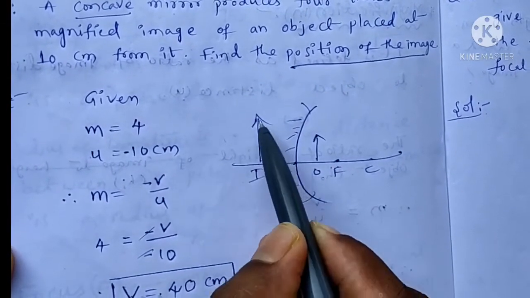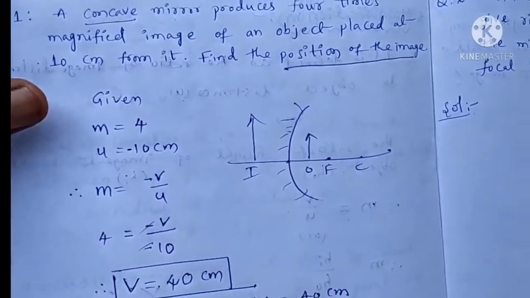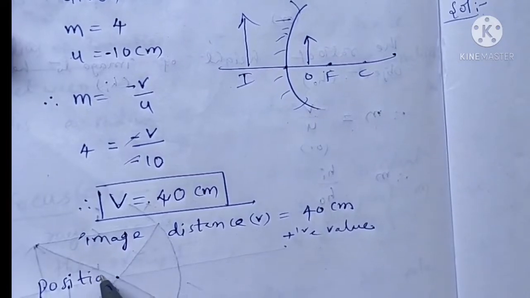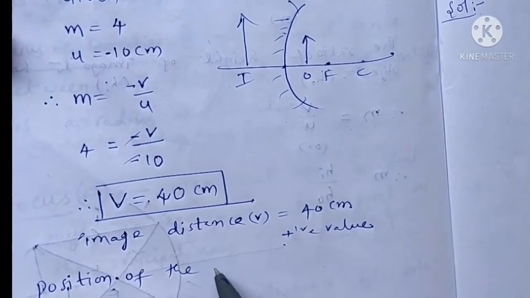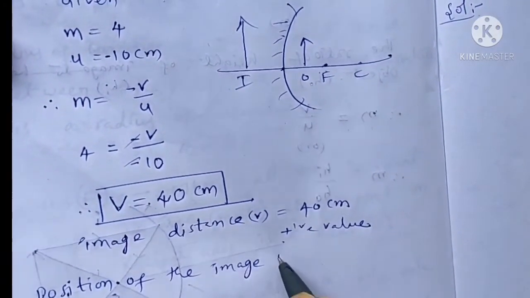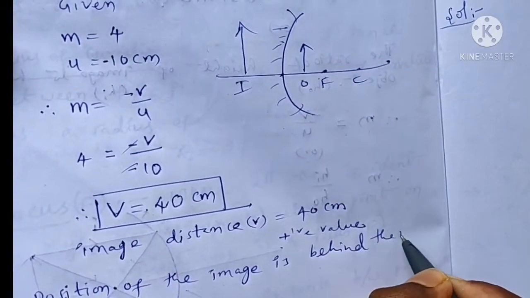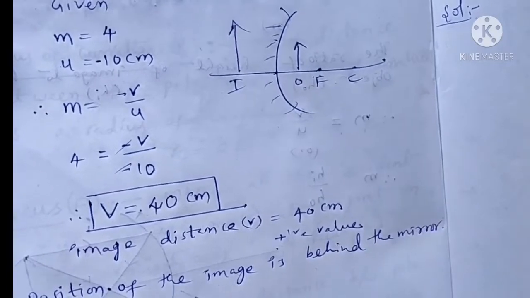Already we know these properties well. So the position of the image is behind the mirror, that's it.